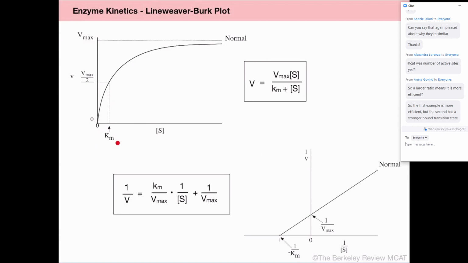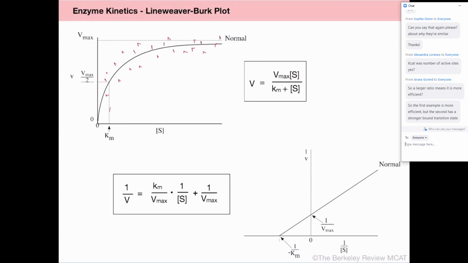It tells us how well our enzyme substrate complex can be formed. But it's really hard to figure out the value of Km, right? Because in the real world, you're collecting data points, right? And how are you going to fit this graph to all these data points? It's really hard. It's really challenging.